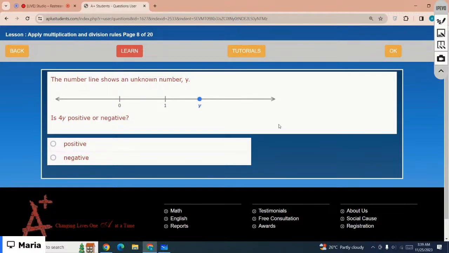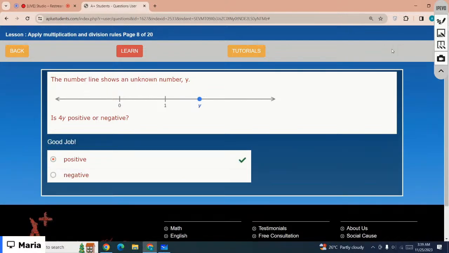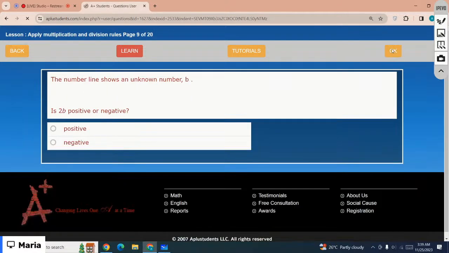Yes, y is a positive number, right? Because y is already a positive number and you're multiplying it with 4. So when you multiply two positive numbers, the answer is positive, right?